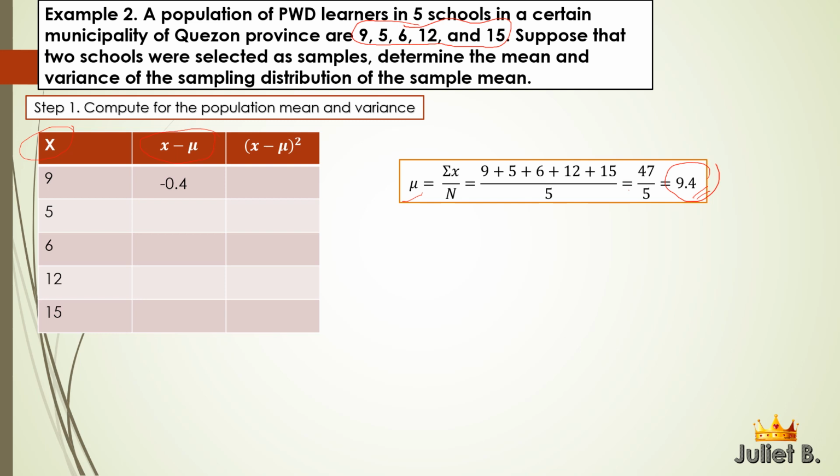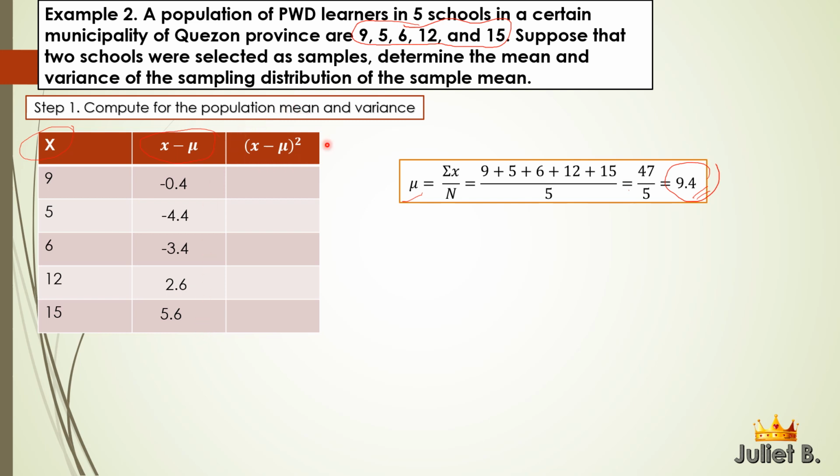So, 9 minus 9.4 is negative 0.4. Then, 5 minus 9.4 is negative 4.4. 6 minus 9.4 is negative 3.4. 12 minus 9.4 is 2.6. And 15 minus 9.4 is 5.6.